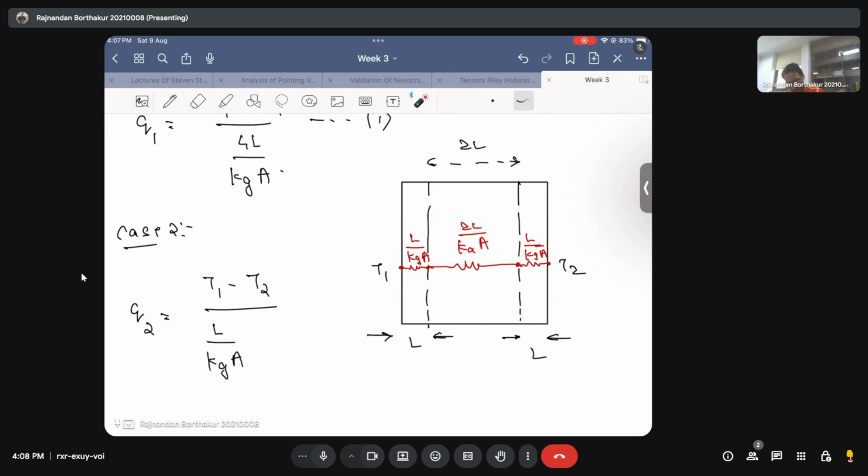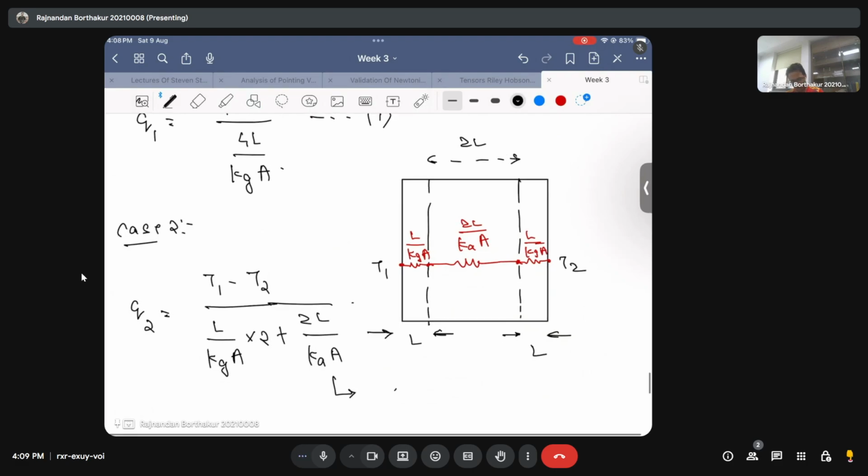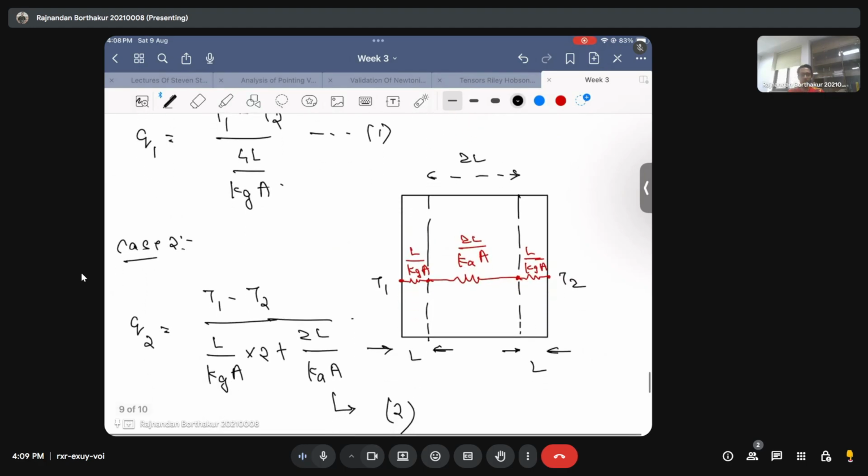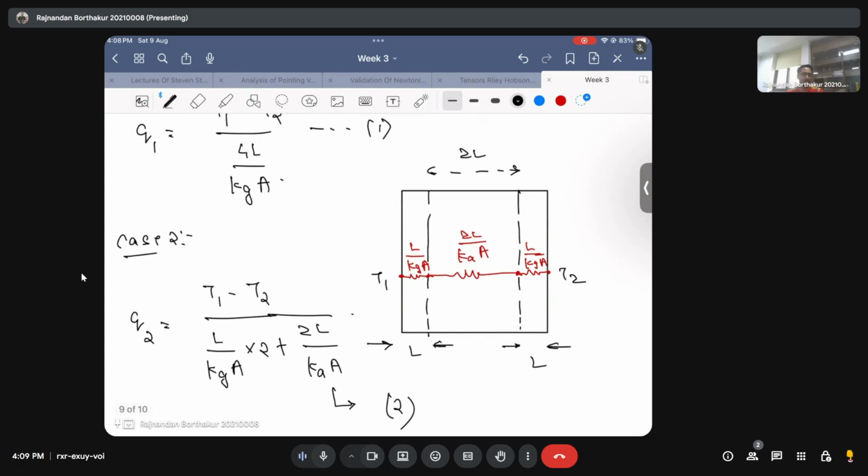And remember, there are two glass panes, so this resistance is also L by Kg times A. That's why we multiply this by 2, plus there is an air resistance, which is twice L by Ka times A. That's your second equation. It's nothing else. We are just using the fact that the rate of heat transfer is delta T divided by the summation of resistances.